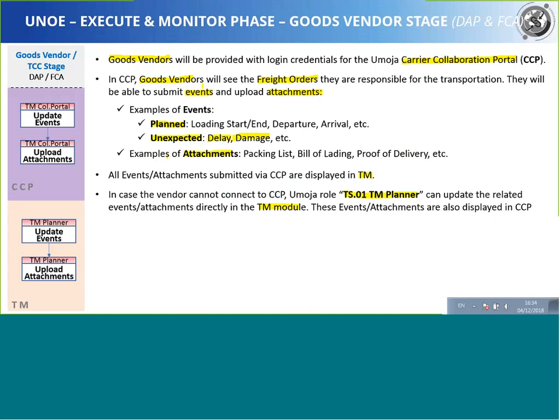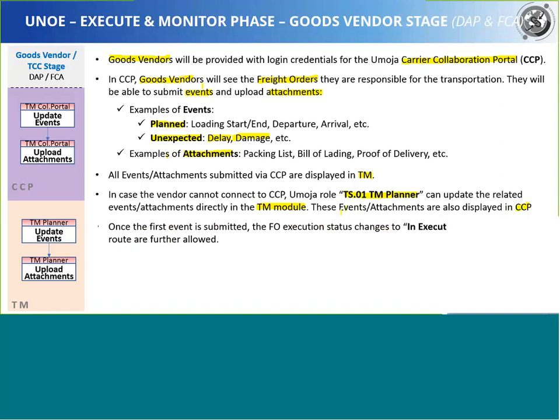Okay. And the ones that are submitted in TM module are also visible in CCP. So let's say that we as a TM planner, we submit an event on behalf of the vendor. If the vendor is finally granted access to CCP, they will be able to see those events and attachments in the carrier collaboration board.